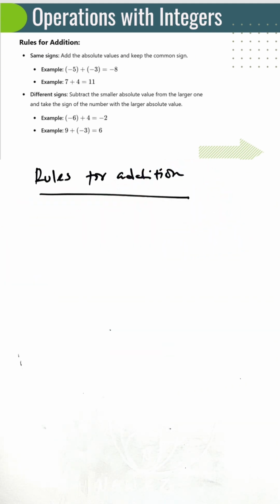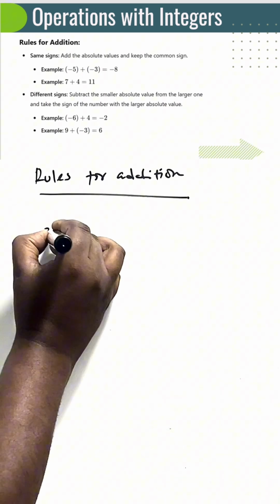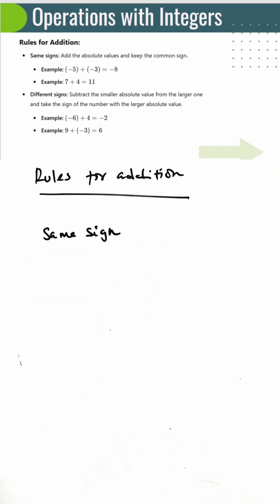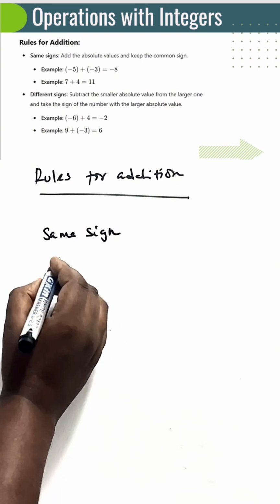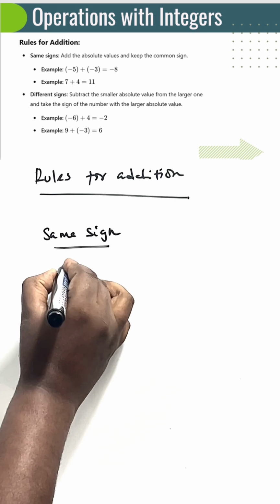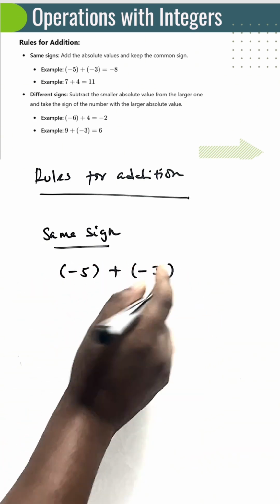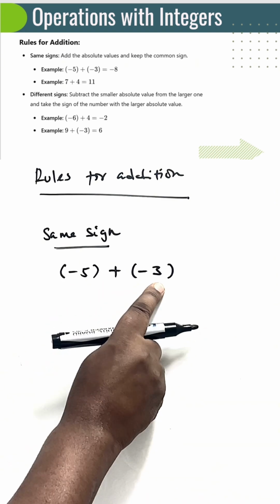The rules for addition work with the same sign. If you have the same sign, what we do is add the absolute values and keep the common sign, okay? Let's say you have -5 plus -3. These are the same sign, right?